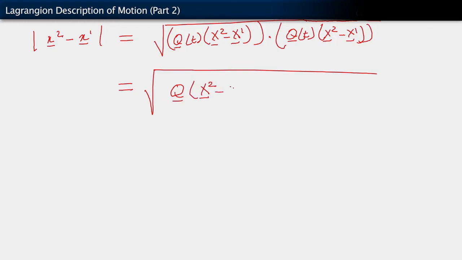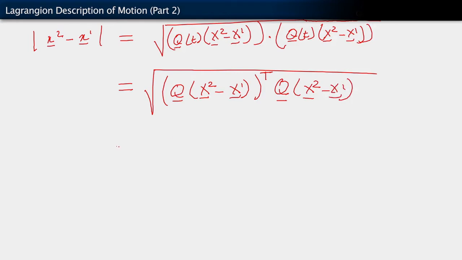Using linear algebra notation for the dot product of two vectors, we write the first vector transposed, times the second vector. So this is how we write out the dot product.